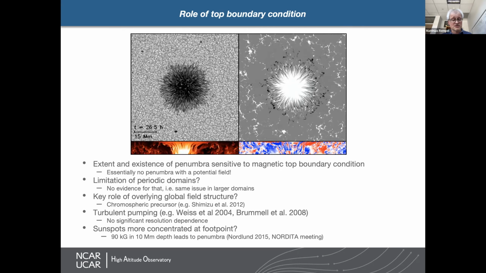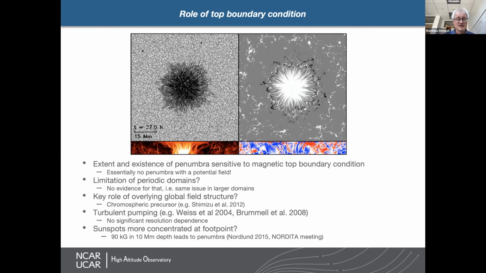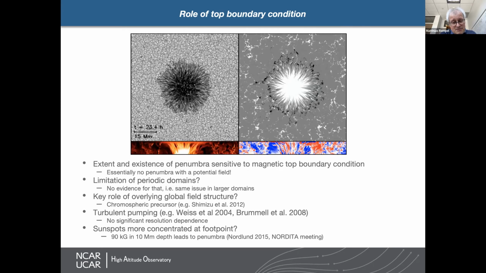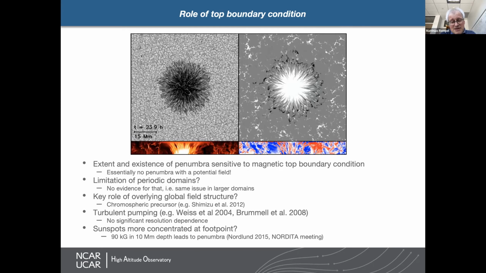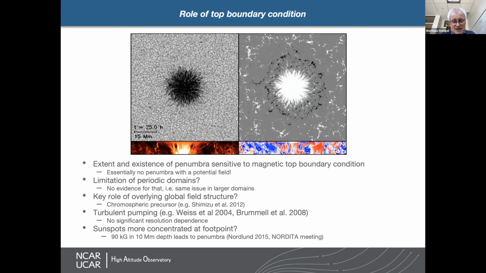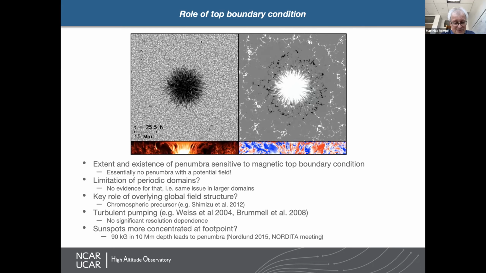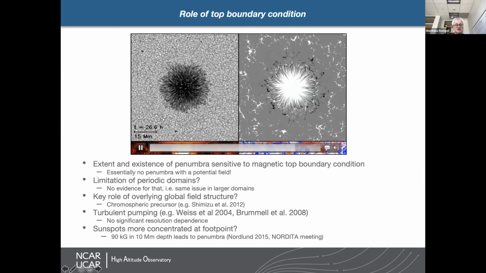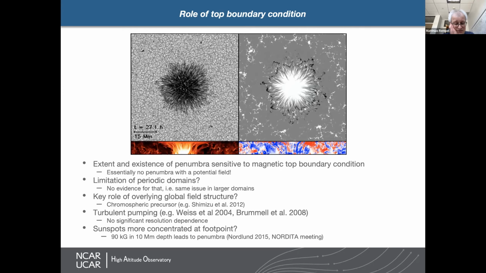And if you switch the boundary condition again, it comes back over roughly the same time scale. So in some sense, in all of these simulations, we can create something which looks like a penumbra, but it doesn't come fully self-consistently out of these setups. There are a lot of different reasons why this might be, and there's not really a convincing solution.